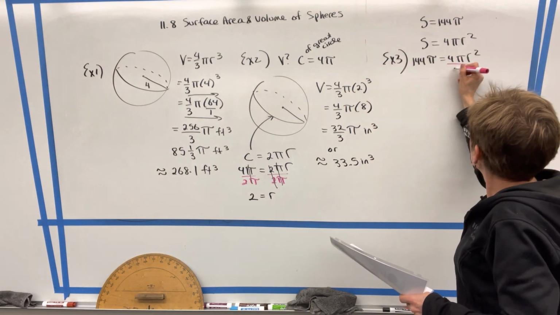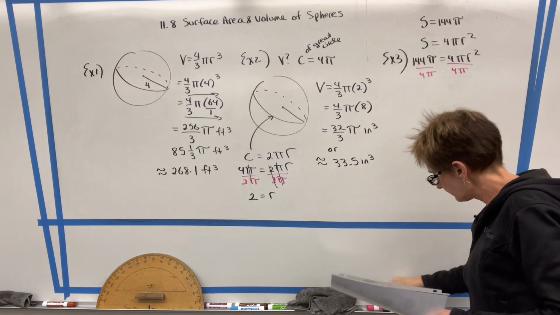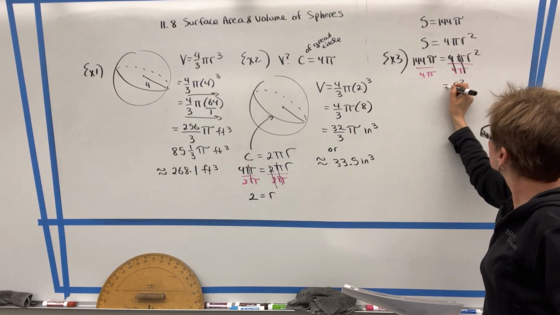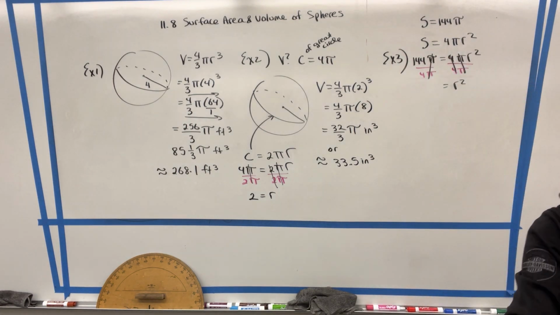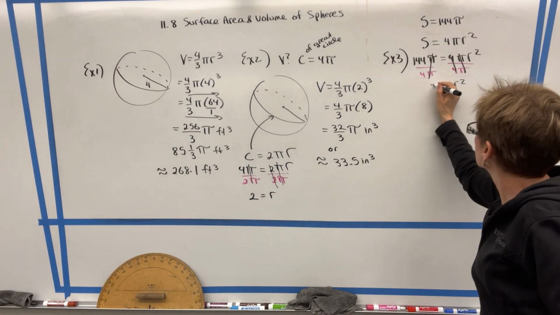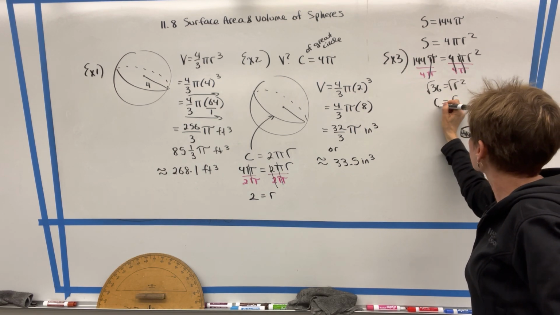And then I want to solve for r. So I'm going to divide both sides by 4 pi. When I do, the pi's and the 4's cancel out. This pi cancels out here. And then I have 144 divided by 4, which is 36. When I take the square root now, I can see that r is 6.